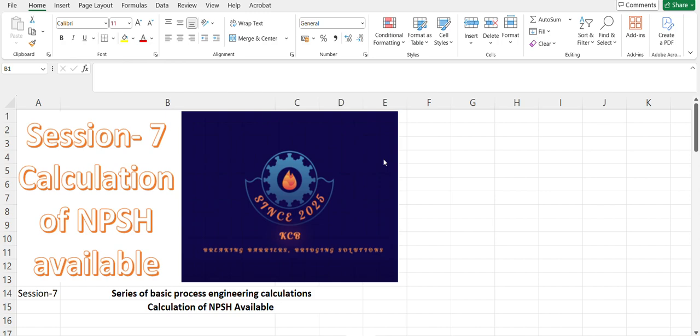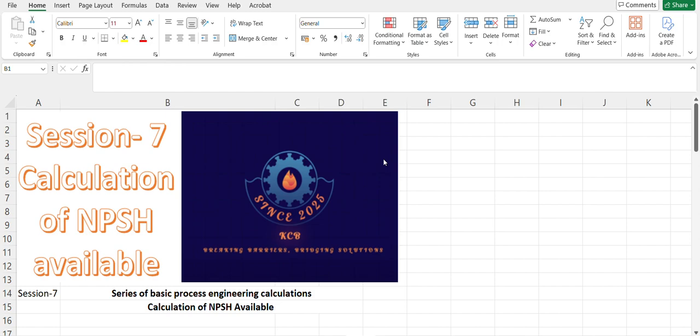As you all know, to size or design any centrifugal pump, you need to give the data to the manufacturer, like what is the NPSH available for that particular pump.